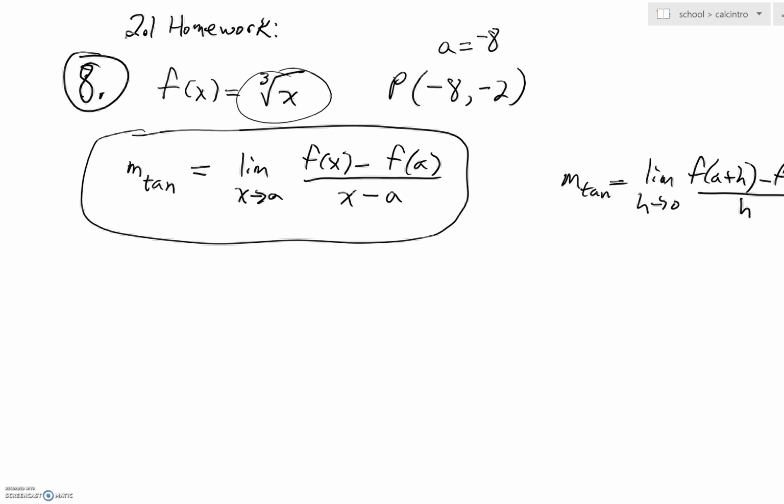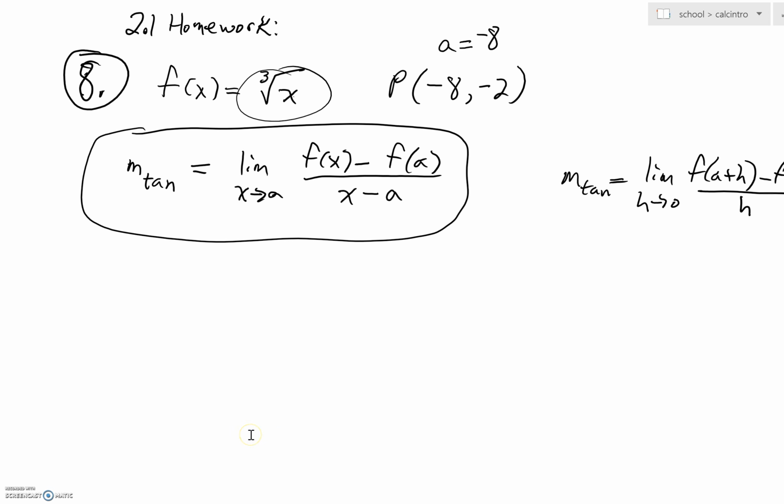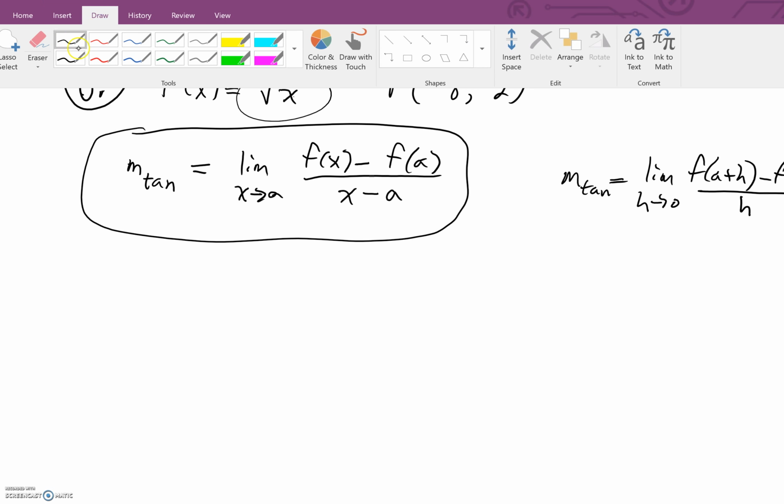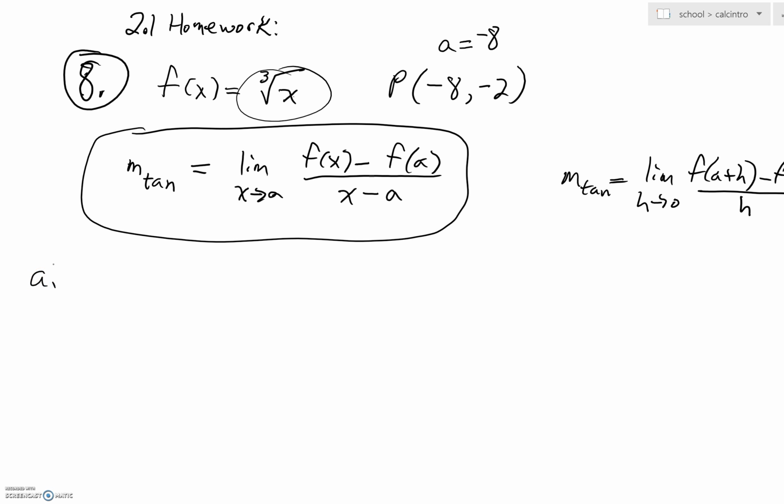What if, for part A, they don't tell you what your beginning point is at all? For part A, we're going to say, work this out for a comma f of a. In other words, you no longer know that it's at negative 8 comma negative 2. It's arbitrary. It's completely arbitrary.